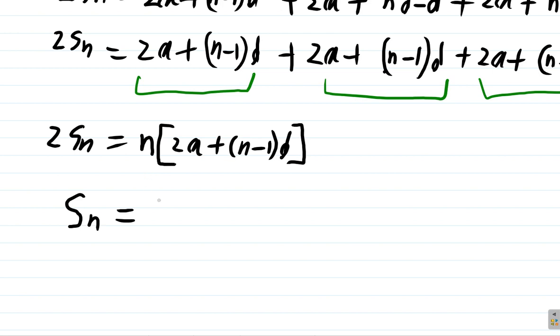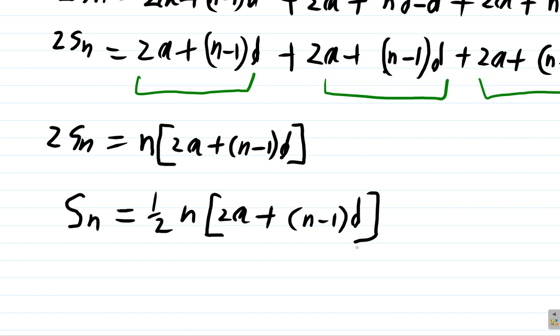Multiply the right hand side by a half, we get half n times 2a plus n minus 1 d. So there we have it. The sum of the first n terms is half n, in brackets 2a plus, open bracket, n minus 1 close bracket, d close bracket.